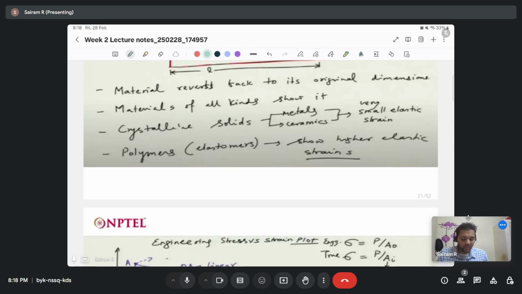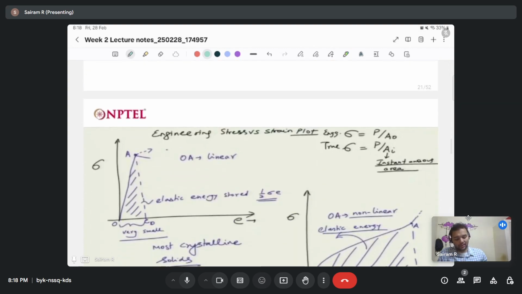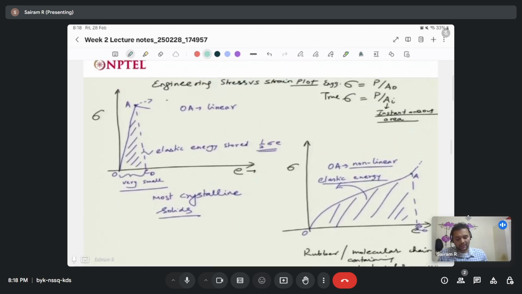They show very small elastic strains though. Materials like polymers, elastomers, rubbers, they show much higher elastic strains. So this is what we see in the stress strain plots as well. In the stress strain plots, for metallic and ceramic materials, we see this sort of nature.